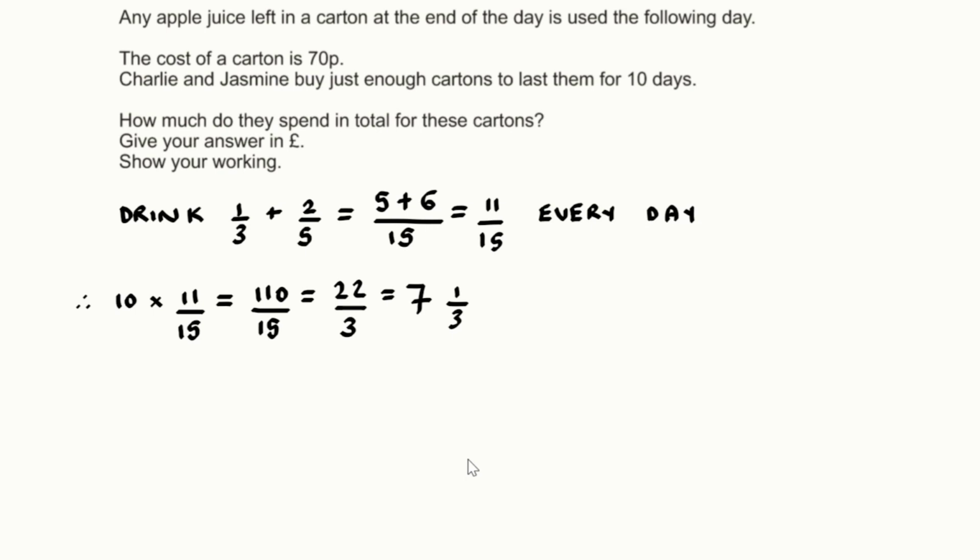So seven and 1/3 is drunk in total, and so therefore we require 8 cartons. So 8 cartons are required.